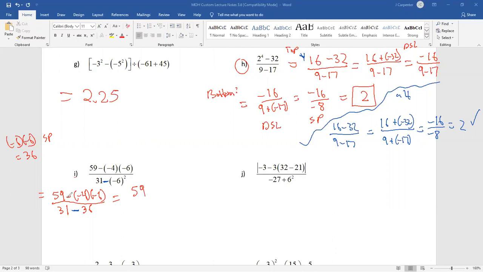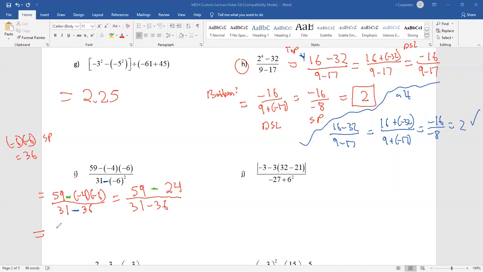Let's make it green this time. So that minus I did not account for. The negative 4 times negative 6, that's the same sign, so the answer should be positive. 4 times 6 is 24. So that's a positive 24 with the subtraction that was in front of it originally. Over 31 minus 36.